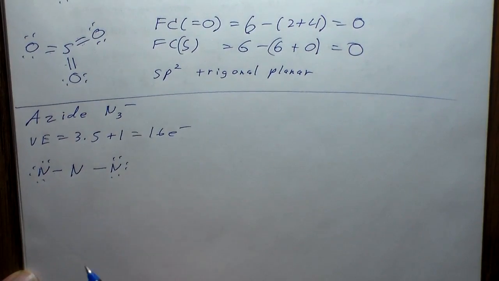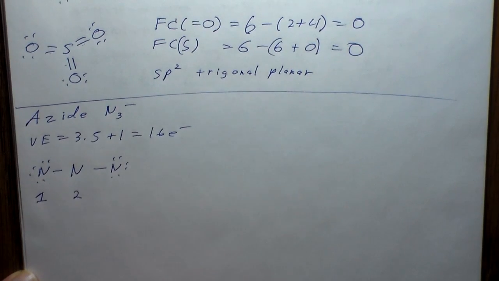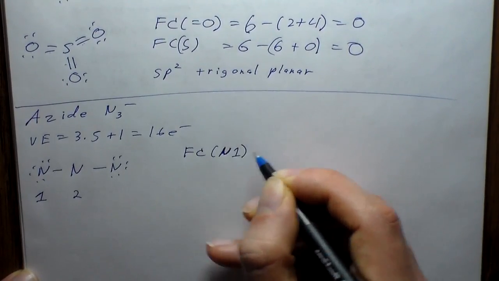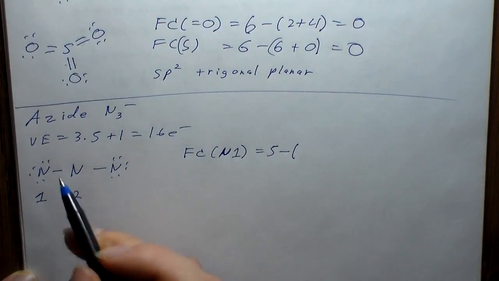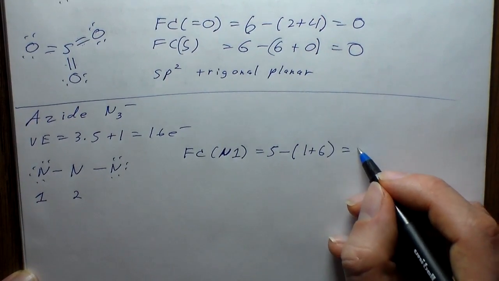All right, check my formal charges. So I'm just going to label this nitrogen 1 and nitrogen 2 so we keep these straight. So the formal charge on my nitrogen 1 here, it's going to be 5 minus 1 line and 6 dots. So that's going to be -2.